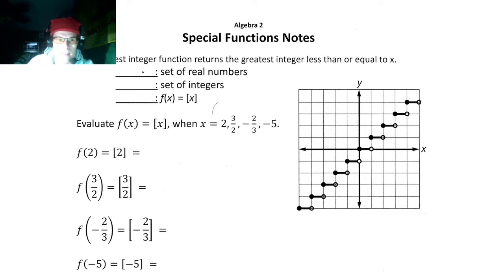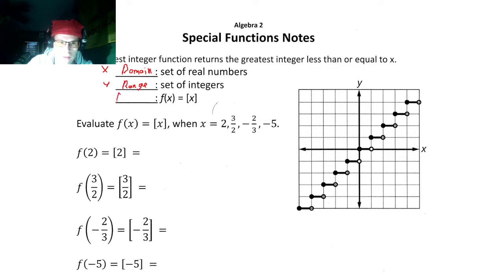All right. So your domain will be the set of real numbers. So any real number is eligible to be an x value. But every y value will be a set of integers, so that's your range, all right? So f of x is equal to the greatest integer of x.